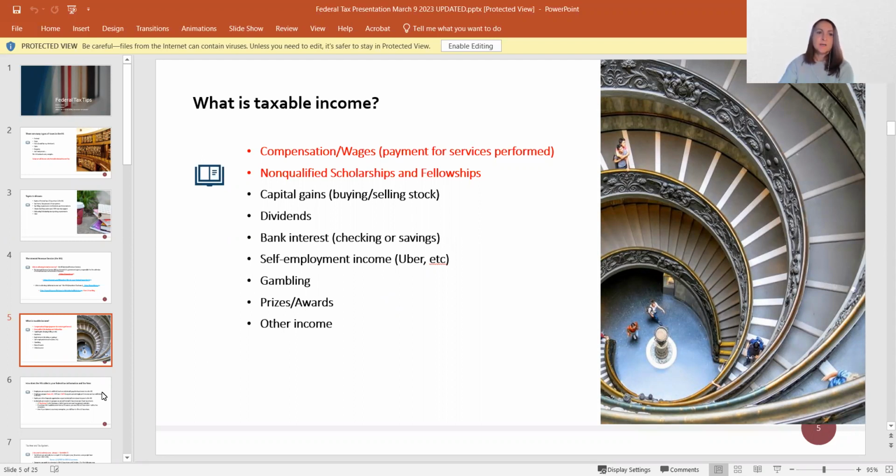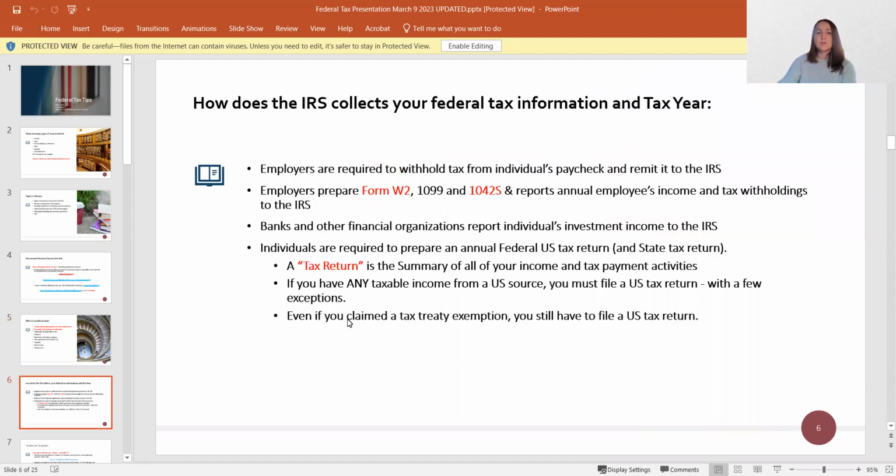And of course, how does the IRS know that you are getting these types of incomes and payments? Here in the US, all employers are required to withhold taxes from your wages. And also here at UCSC, we provide scholarship payments and fellowship payments that are not part of the employee program, but we are also required to withhold taxes.